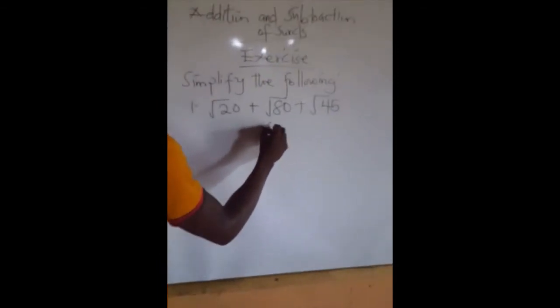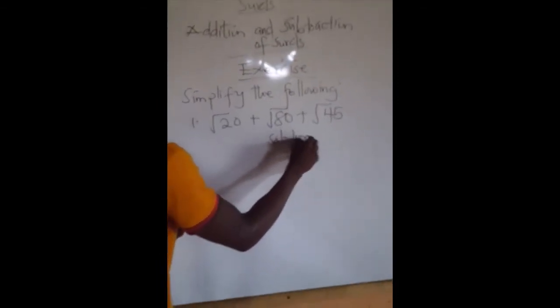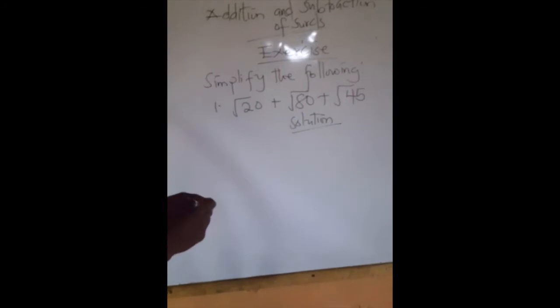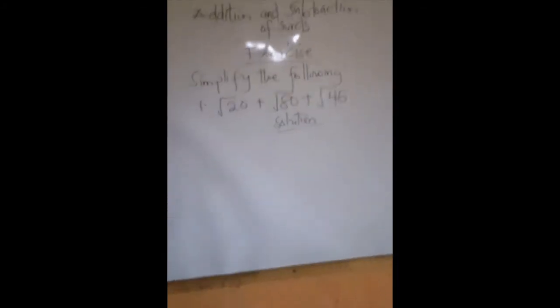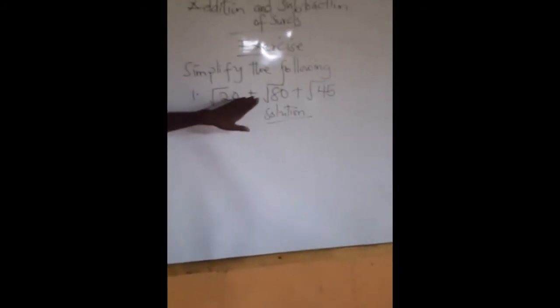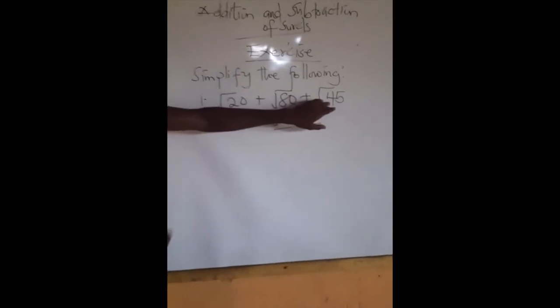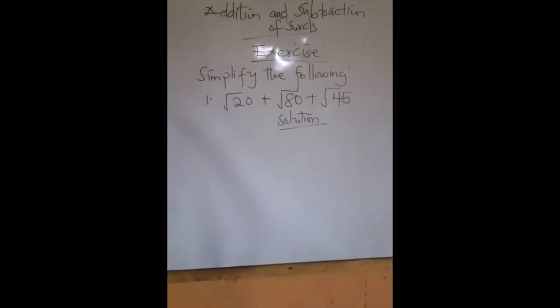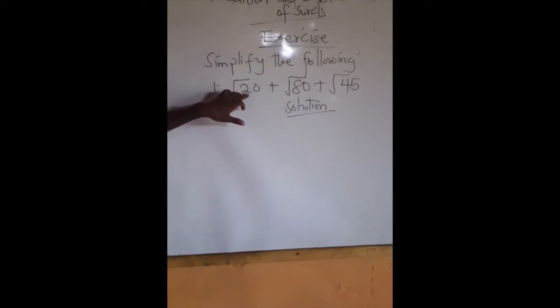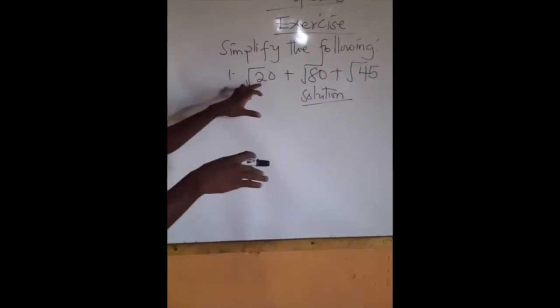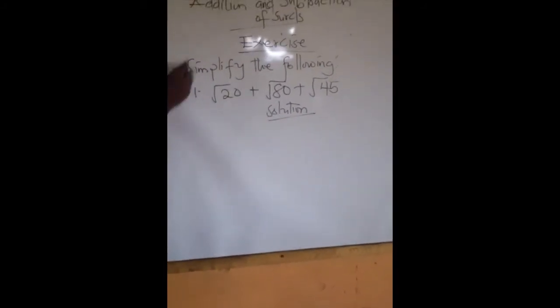Okay. So when you have questions of such nature, here we have root 20, root 80, root 45. So before we can add, we have to break each of them into its simplest form. Okay, so let's take root 20.